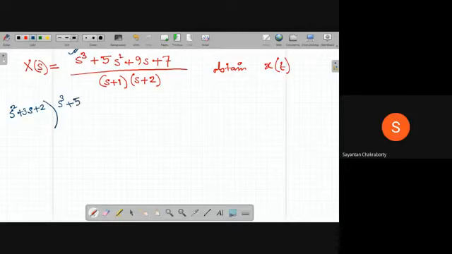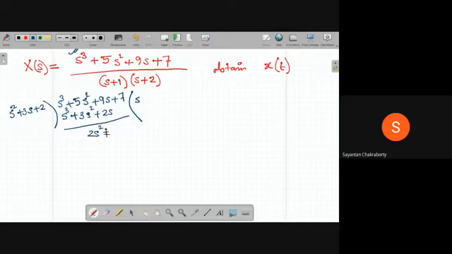Right. So what will be this? Say multiply by s cube plus 3s square plus 2s. So it is 2s square plus 7s plus 7. So plus 2, 2s square plus 6s plus 4. That will be finally s plus 3.